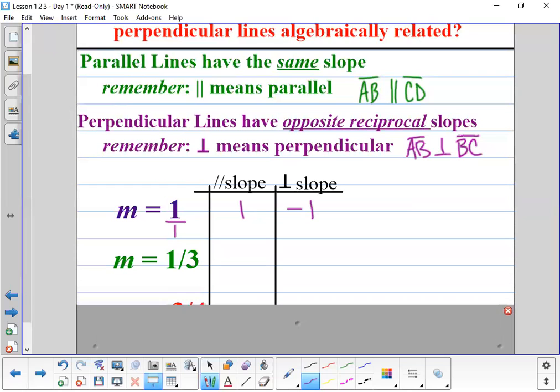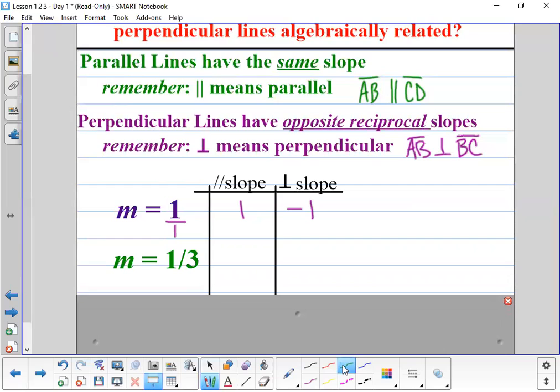My next slope that we investigated in the Desmos activity was 1/3. Any line that's parallel to this line that has a slope of 1/3 will also have a slope of 1/3. Any line that's perpendicular to this line that has a slope of 1/3 would have an opposite reciprocal. So since 1/3 is positive, the opposite reciprocal would be negative.